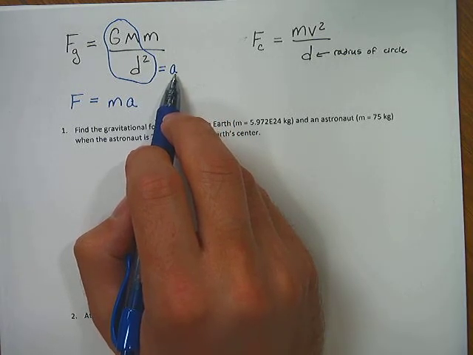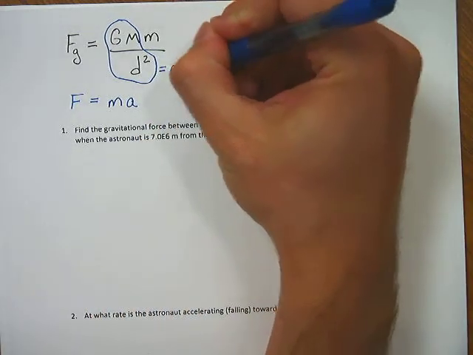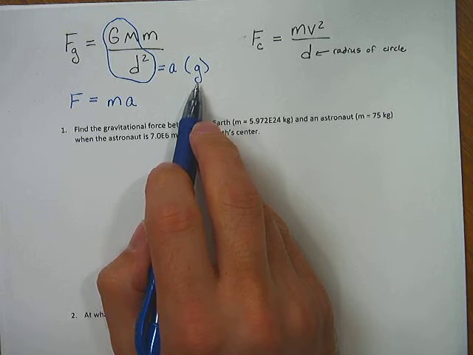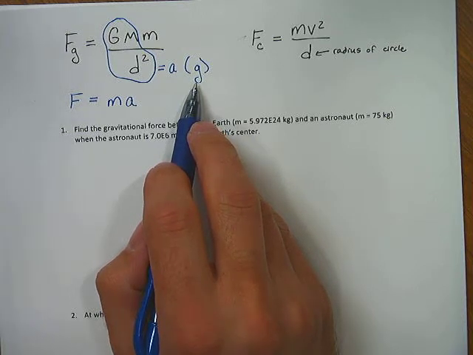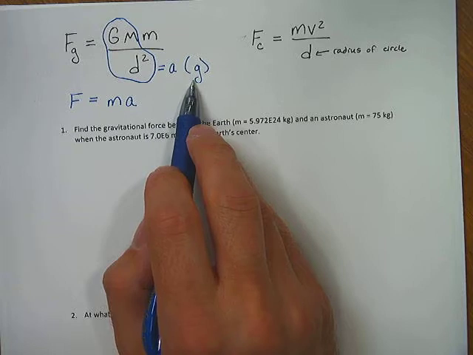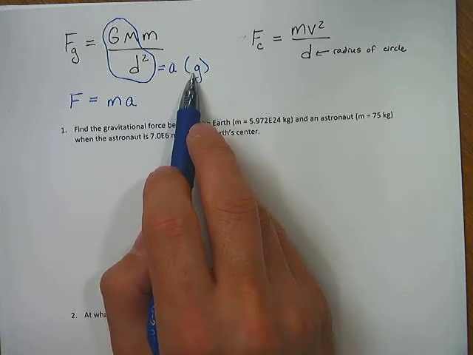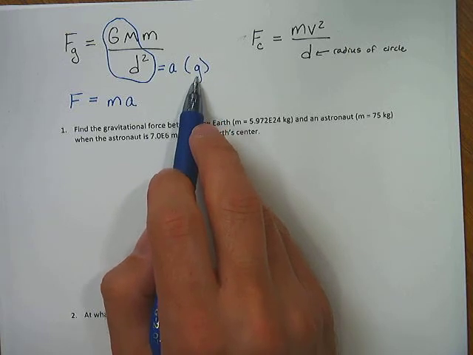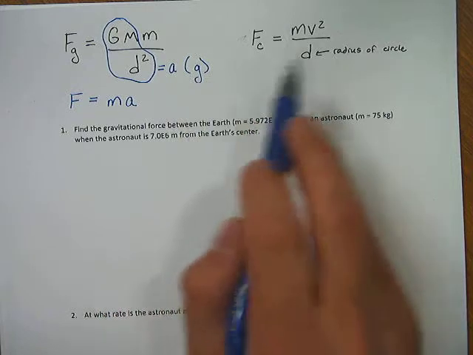Now, because this acceleration is caused by gravity, a lot of people don't call it a, they call it g, or lowercase g. That's confusing to a lot of people though. A lot of people see this and say, this is gravity, when they really should be saying, this is an acceleration caused by gravity. The g is a reference to what causes the acceleration.